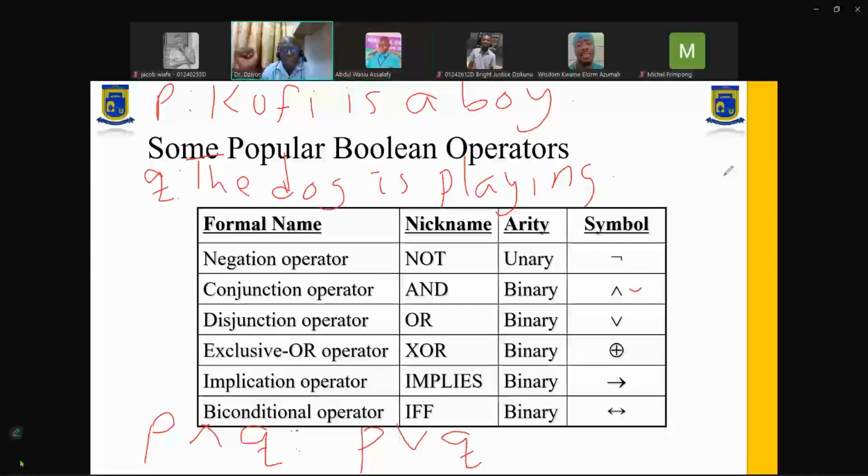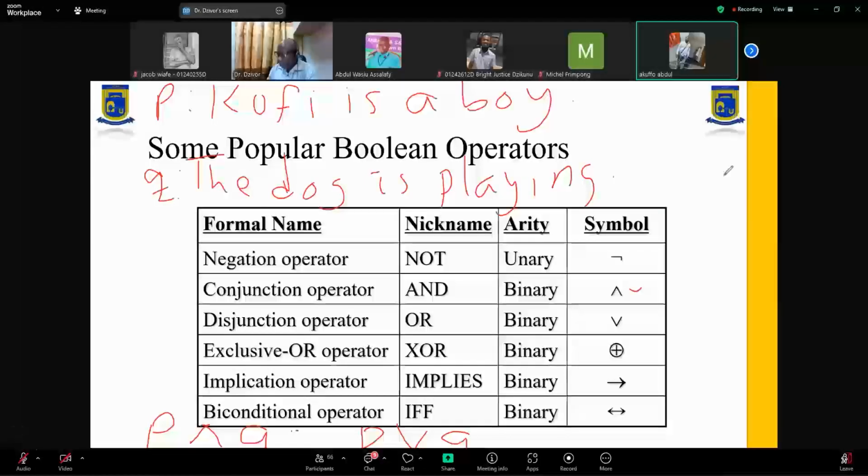Then another operator to look at. Yes, please. I'm sorry, my line went off. Earlier I wanted to answer a question, but now I see we've gone past the AND. From where we started, the AND, I didn't really get it.